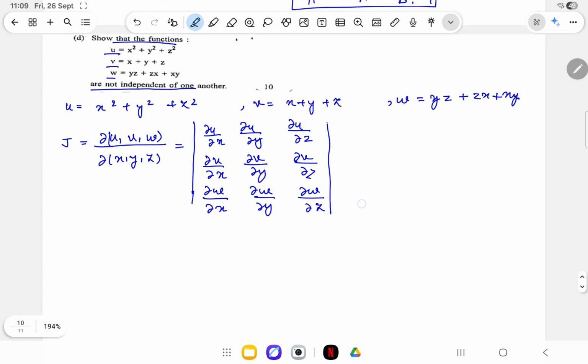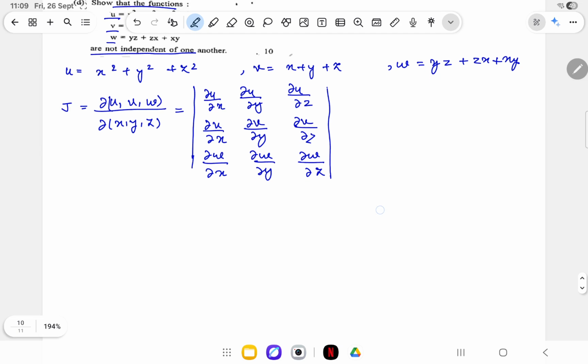So let's solve it for these values. It will be 2x, 2y, 2z, and del v by del will be 1, 1 and 1 here, and del w by del x will be y plus z. Likewise, del w by del y will be z plus x, and del w by del z will be y plus x.